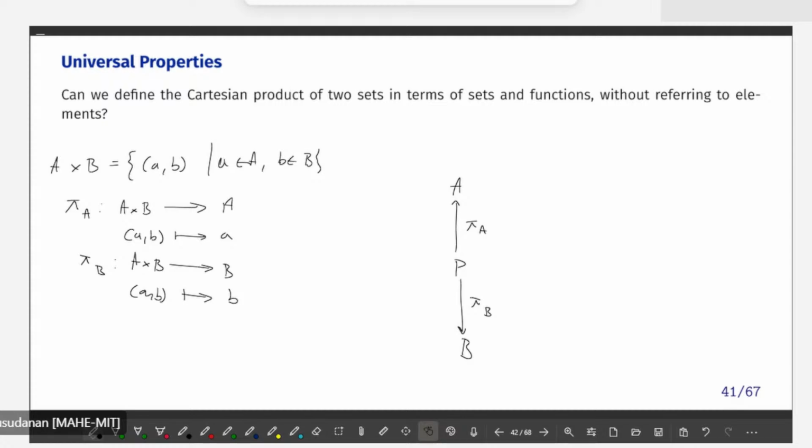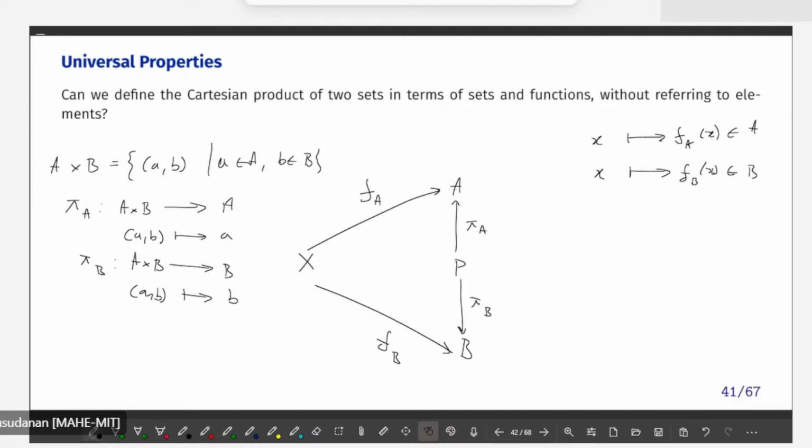So what other property can I use to characterize it? Suppose, for example, I have some set X, and two functions, say FA and FB, from X to A and B. FA maps X to FA of X, and FB maps X to FB of X, which are in A and B respectively.